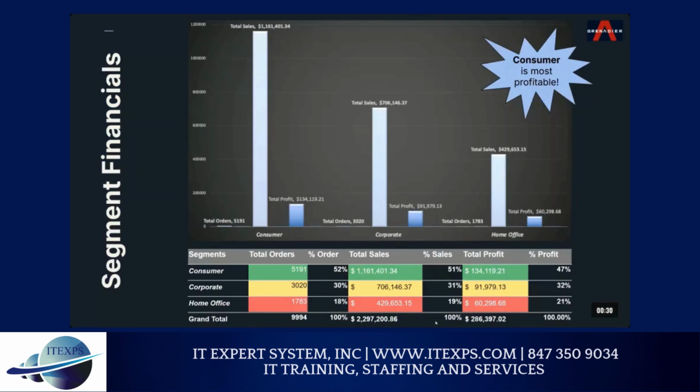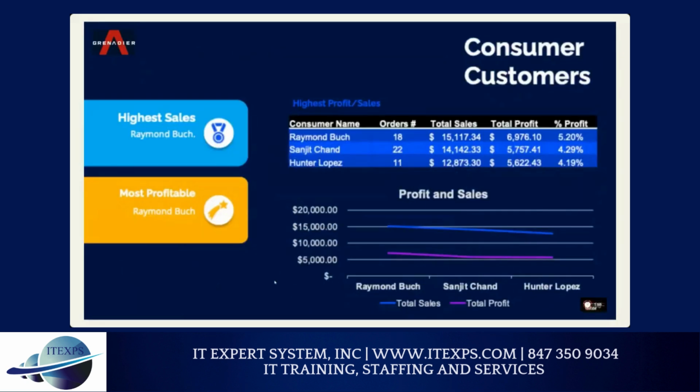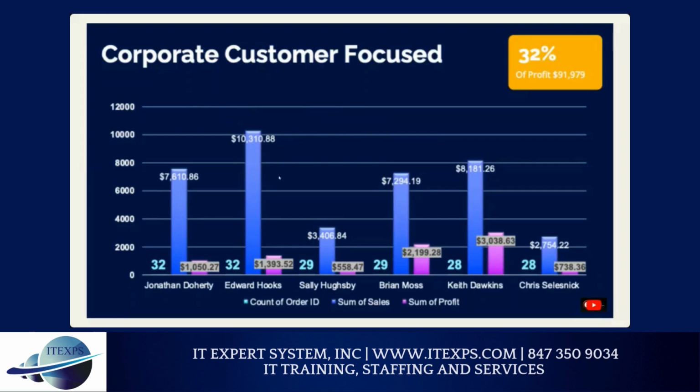So then if we take a deep dive and look at each one of those segments, we're going to start off with corporate customer focused. When we looked at our customers, we see that when it came to the number of orders, though Jonathan Doherty and Edward Hooks had the same amount of orders, they pretty much weren't even, because Edward Hooks gets the most valuable player since he was more profitable than Jonathan Doherty.